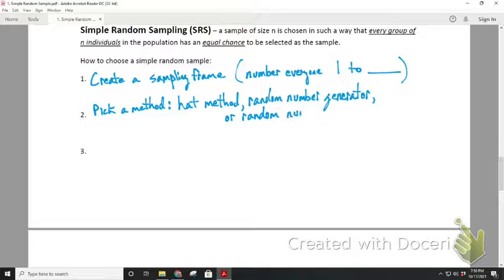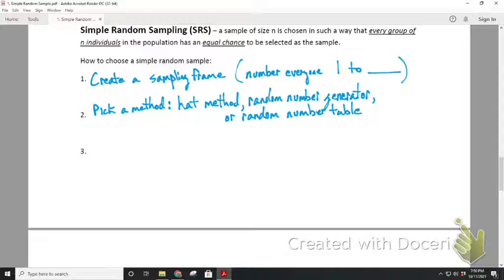I really don't like the random number table, so I actually saved that till the end. It's a very old school way of sampling. It was like before they had computers, or before everyone had a computer. So they had these random number tables. Computers would spit out all these random numbers, and then you have to know how to use the table, like moving through these lines, and it helps you select your sample.